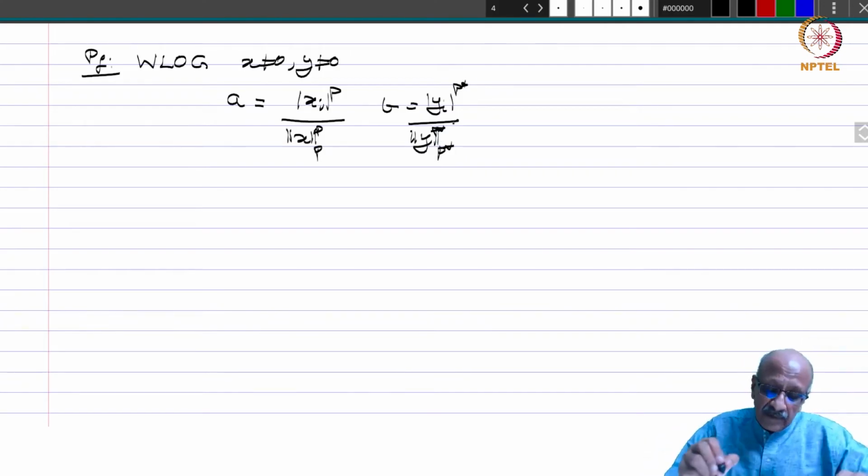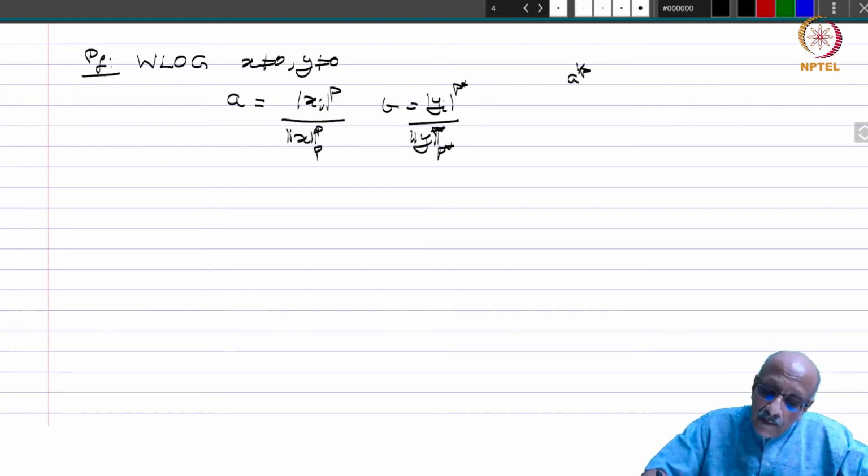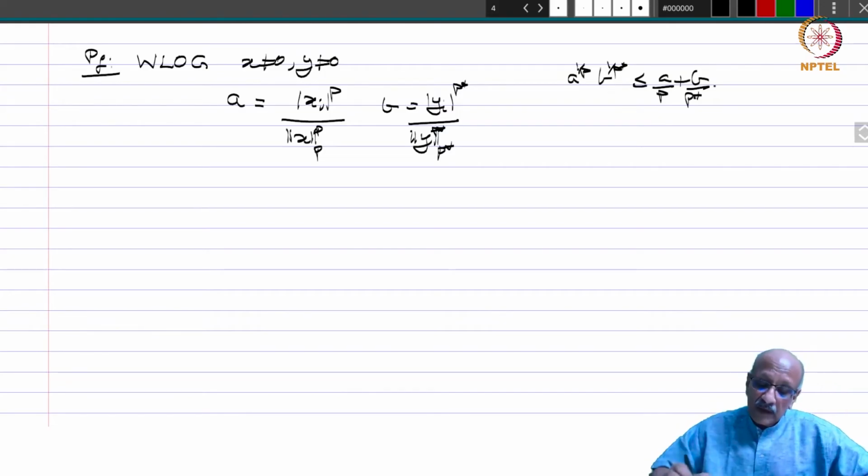We apply the previous inequality, a^(1/p) b^(1/p star) is less than or equal to a/p + b/p star. This is the inequality which we had.